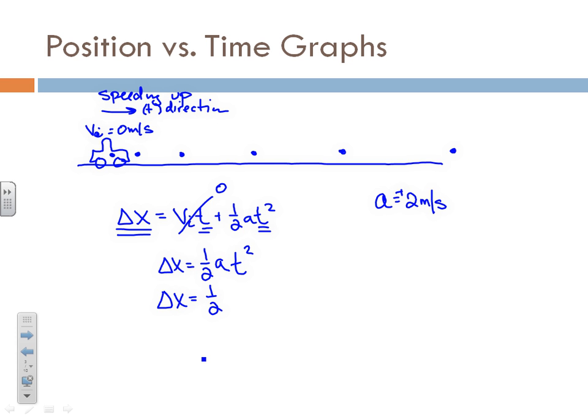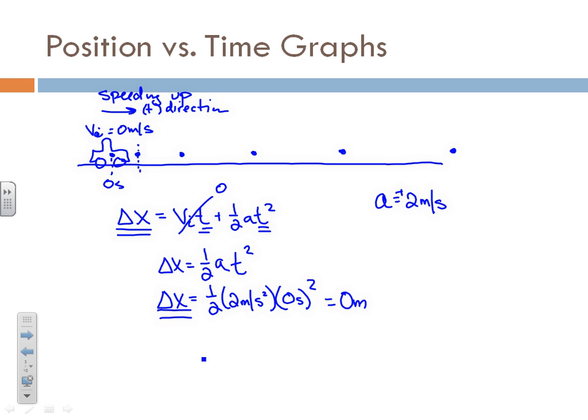If I plug in that acceleration of 2 meters per second squared, I can pick any time that I want and calculate where my position is. So what happens at 0 seconds? Well, 0 squared is 0, times 2 is 0, times 1/2 is 0. So we're at 0 meters at 0 seconds.